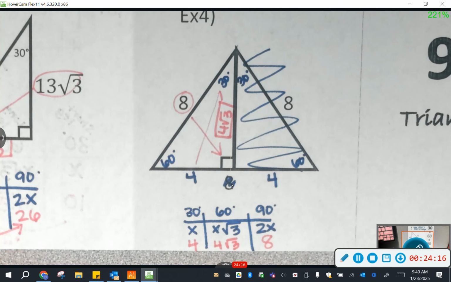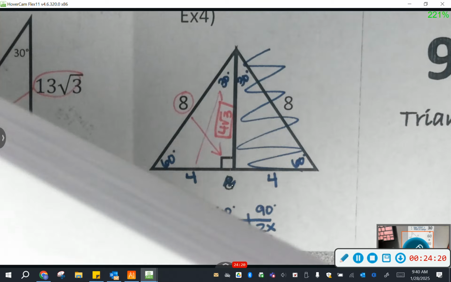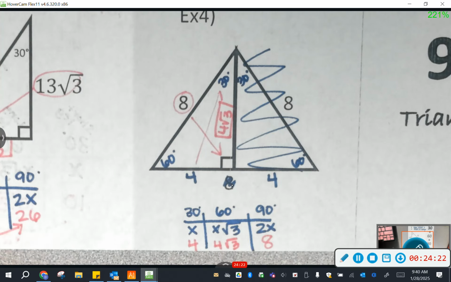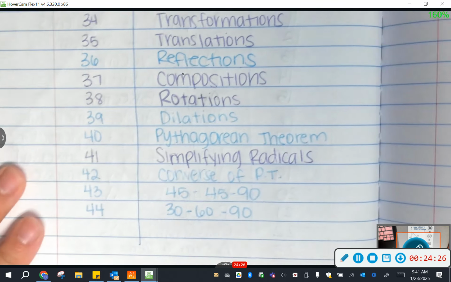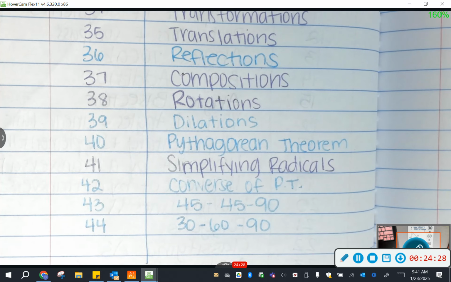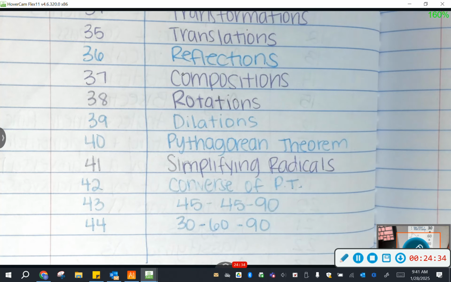Alright, you should have glue at your table. We are gluing this on to page 44. Please glue this on to page 44. If you don't see glue, look around, look on the bottom.